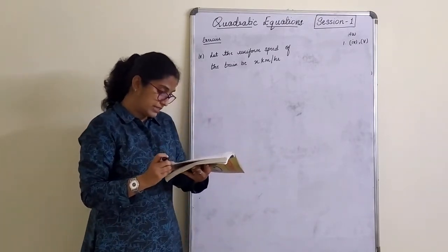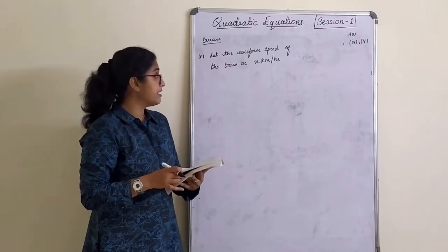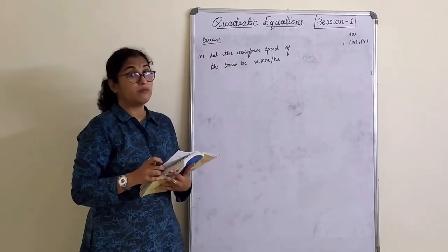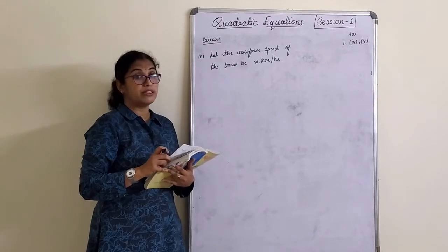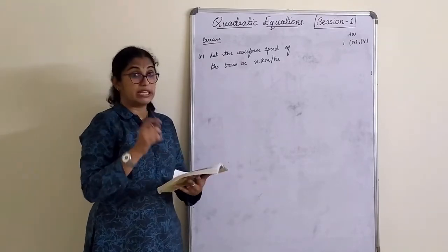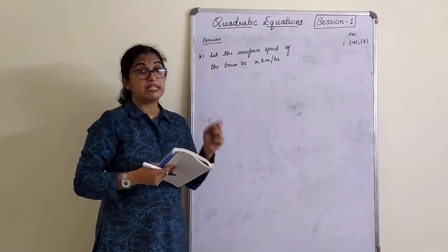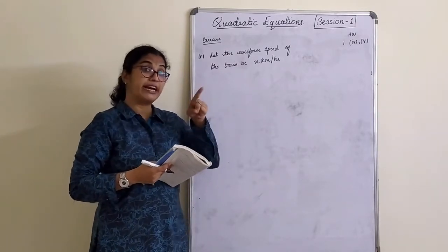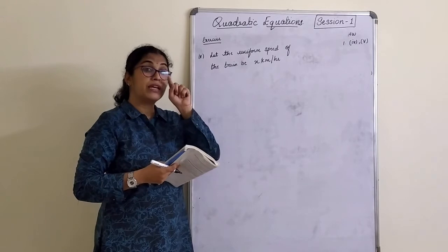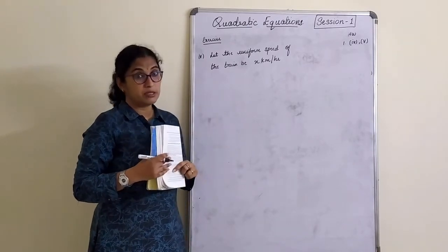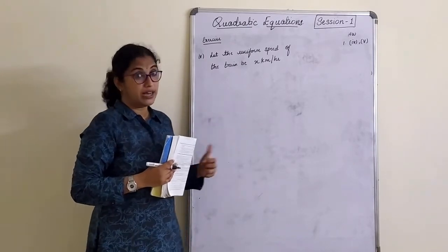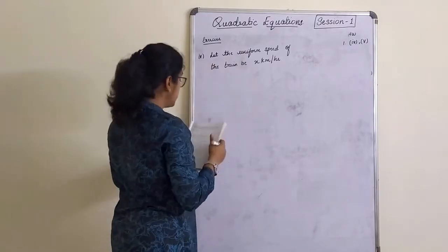I don't remember exactly, I will just check, but where time was to be written, and time also I have written in terms of kilometer per hour. So please do the necessary changes. I'll just check and I'll message you that. Where speed is in kilometer per hour and y was taken in terms of time, that also I have written in kilometers per hour. That should be in terms of hours.